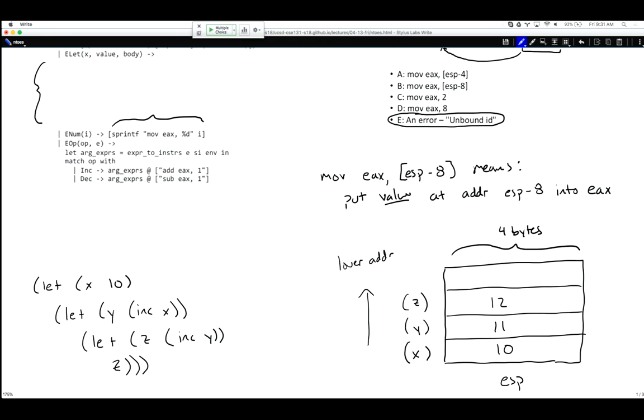Ideas here? Okay, so you're definitely doing recursive calls, right? So doing a recursive call on body, and in body, you were adding something about value to the environment. That makes sense. I like that.